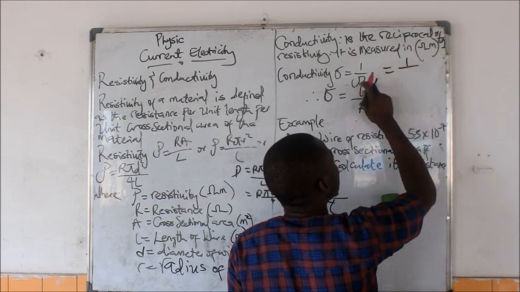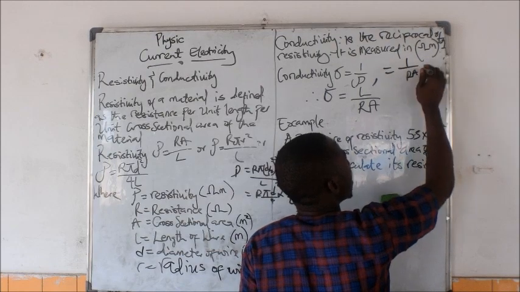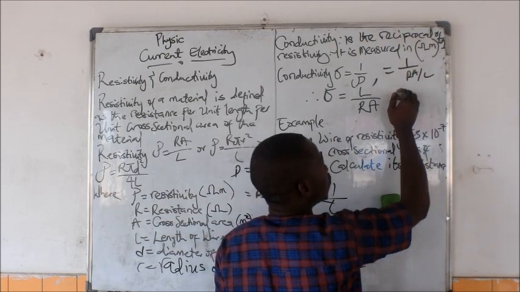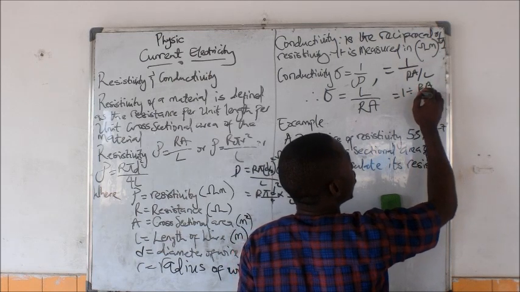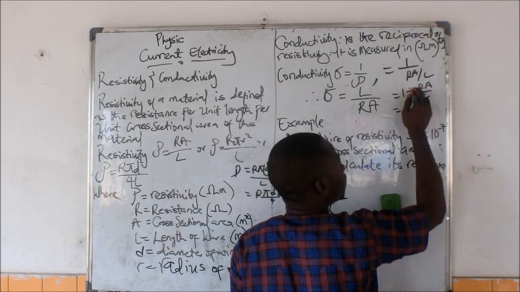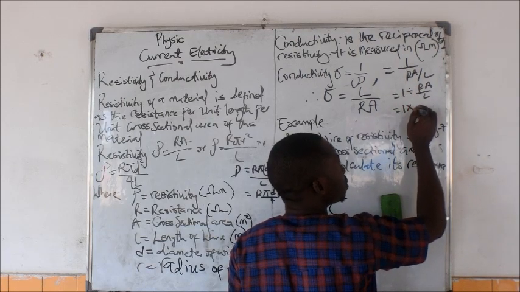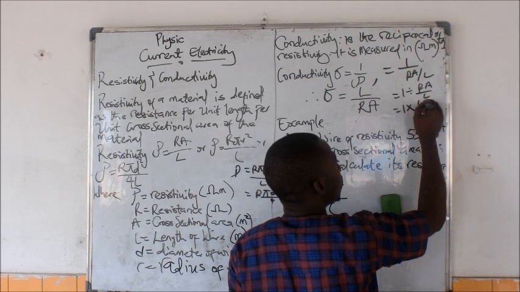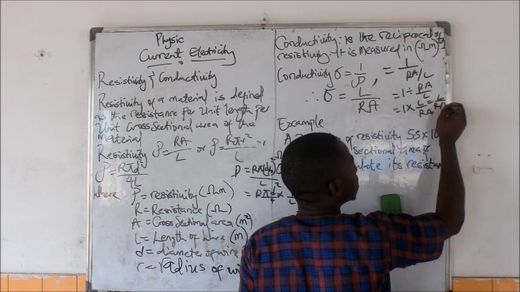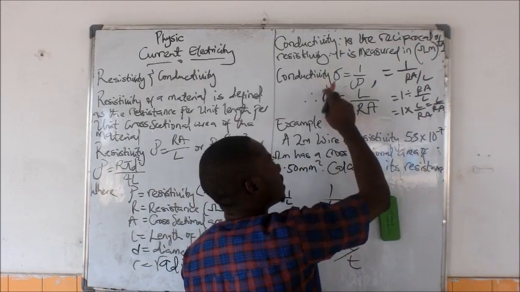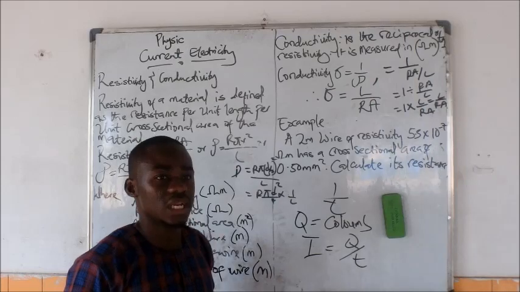Now, by the time you substitute for your resistivity, normally resistivity is RA over length. So it will now be equal to 1 divided by RA all over length. This division will tell you that you have 1 times L going up, then you have RA, to give you L over RA.